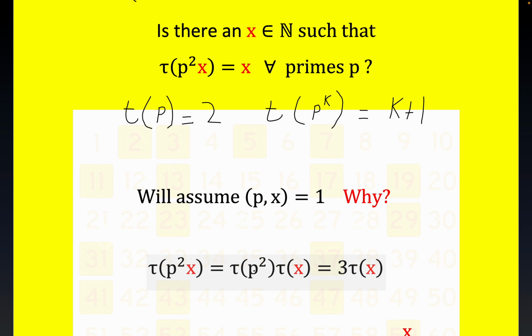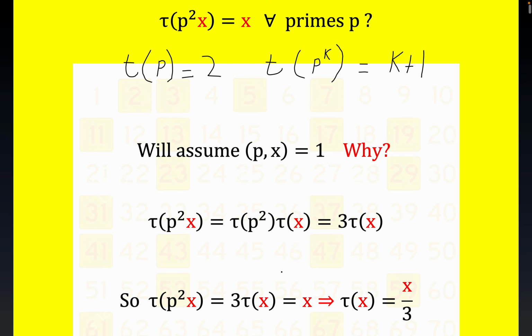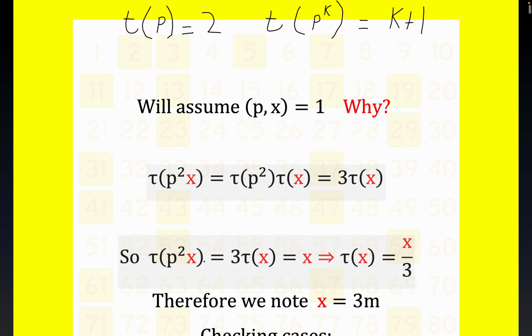We split it, and then p squared, p's a prime, has 3 divisors. Those 3 divisors would be 1, p and p squared. So we've gotten this far. Now again, we're trying to get a condition on x that'll help us to actually find x. All I did is just erase this stuff in the middle, folks, and we get this statement right here.